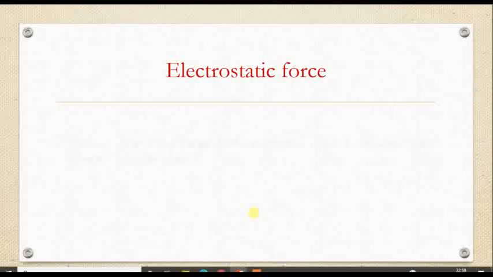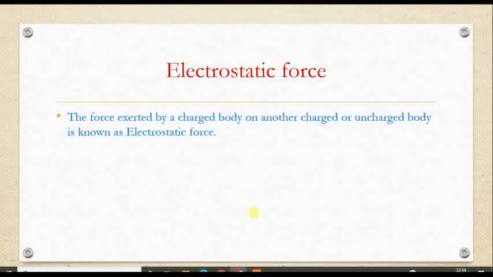So let us define this electrostatic force. The force exerted by a charged body on another charged or an uncharged body is known as an electrostatic force. It can exert a force on another charged body, or it can exert it on an uncharged body. Here we have taken a comb that we charge by rubbing, and the pieces of paper were uncharged.